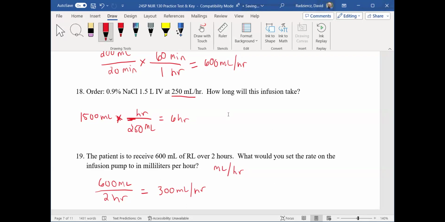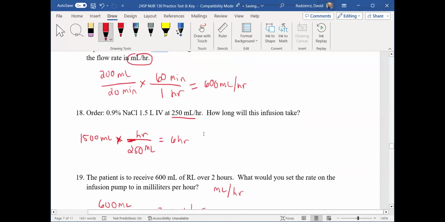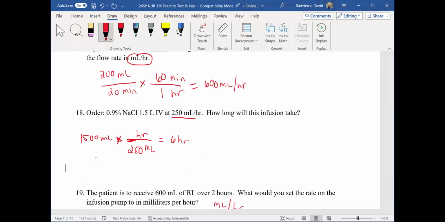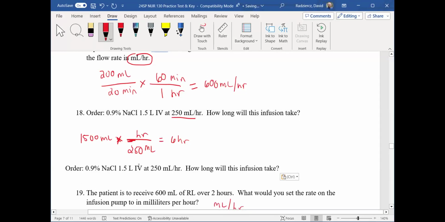All right, well, that'll be a good place. We'll do one more here. Let's say it's 0.5 liters, and it's infusing at 125 milliliters per hour.